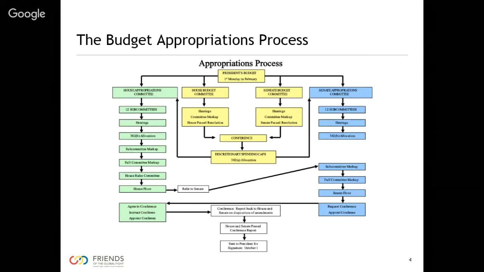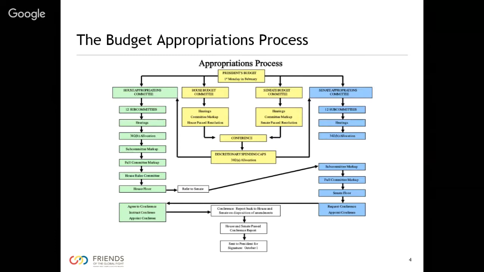The chairs of the appropriations committees, under the direction of the appropriations committee chairperson, divide the 302A allocations among the 12 subcommittees. This allocation provides the total funding pool for each of the appropriations bills, known as the 302B allocation. Basically, the 302A allocation represents the size of the whole funding pie, while the 302B allocation is equivalent to the size of one of the 12 slices of that pie.